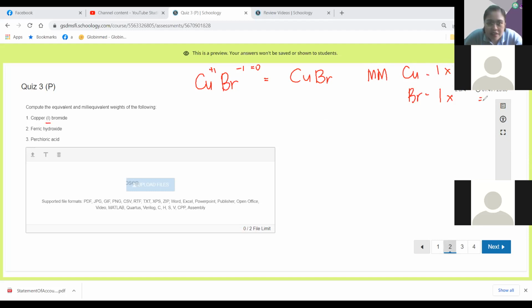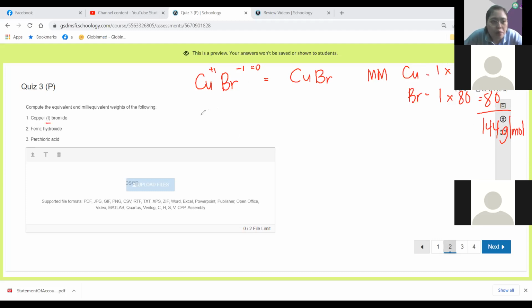You can send a chat or you can unmute. Copper is 64. Okay, 64. And then bromine is 80. And then we will just add this. 64 plus 80 is 144. Do not forget the unit for the molar mass, that's grams per mole.